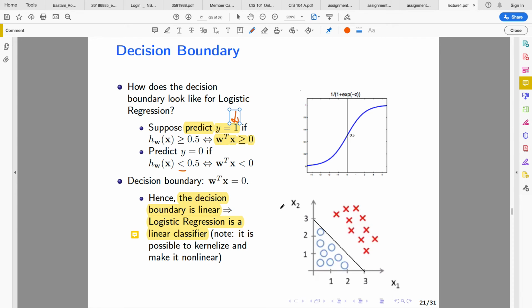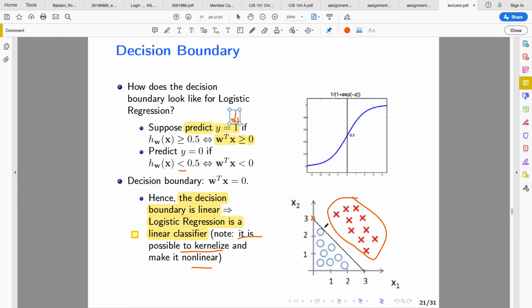So now the decision boundary is linear. Logistic regression is a linear classifier, although it is possible to kernelize it and make it non-linear. What this is saying is that we are trying to learn the decision boundary. That is, we want to draw a line between the two classes.